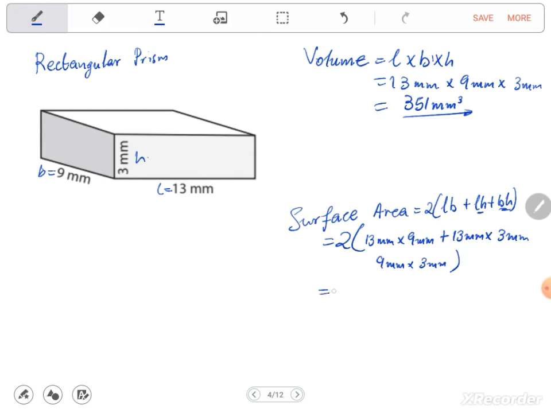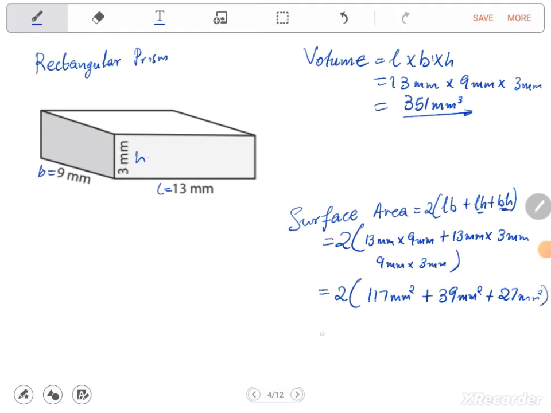We simplify it: 2 into 13 times 9, which is 117 millimeters squared, plus 13 times 3, which is 39 millimeters squared, plus 9 times 3, which is 27 millimeters squared.